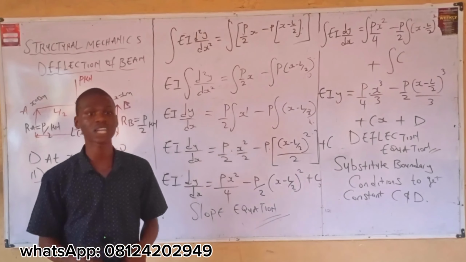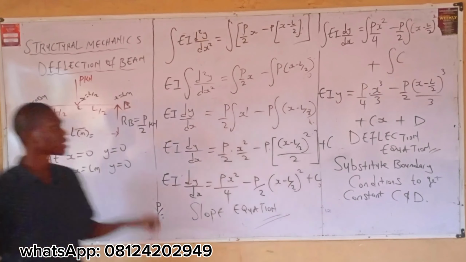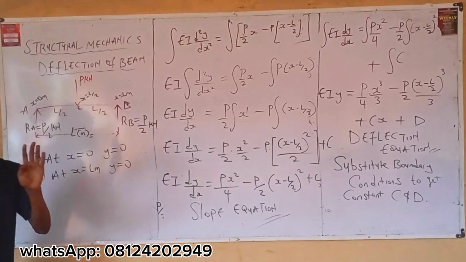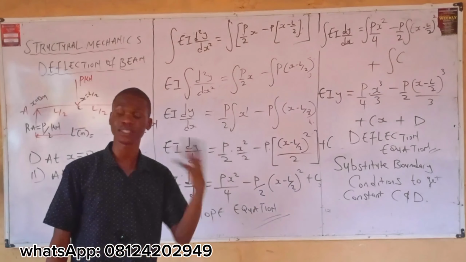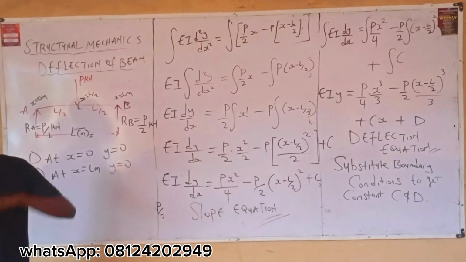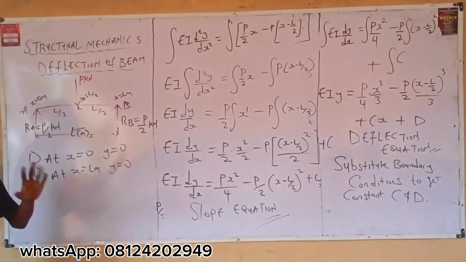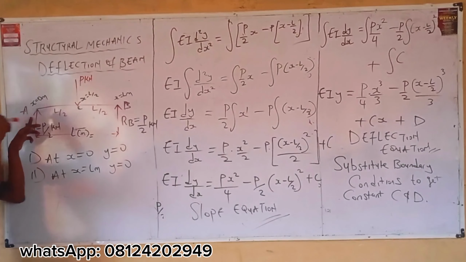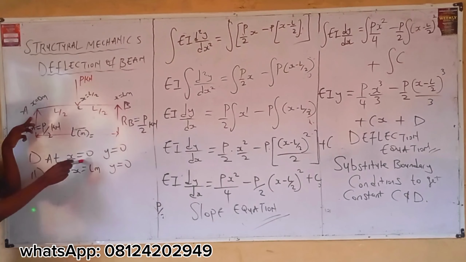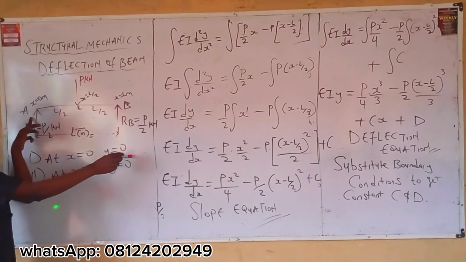Whenever you are taking boundary conditions for a simply supported beam, this is how it works. For a cantilever beam, the idea is different. So your first boundary condition, at the initial point of your beam, the value of x is 0 meter and y is 0 meter.